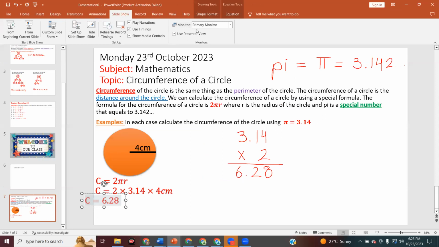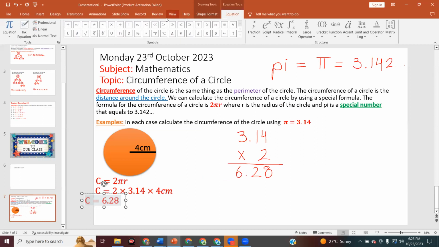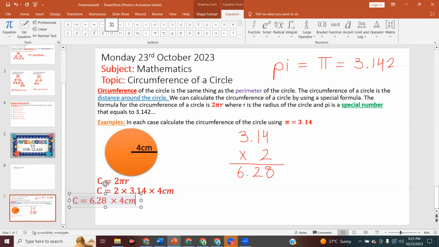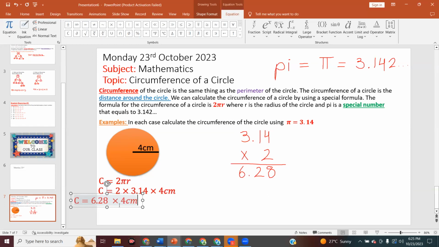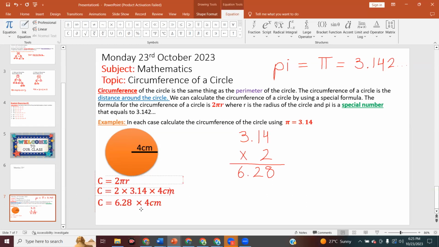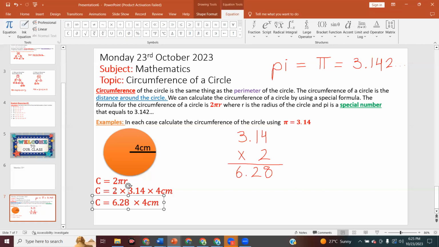Now, are we finished with this question yet, or do we still have to do some more? We still have to multiply by what? The 4. Good, because all we did was multiply 2 times 3.14. Now we have to multiply 6.28 by what?